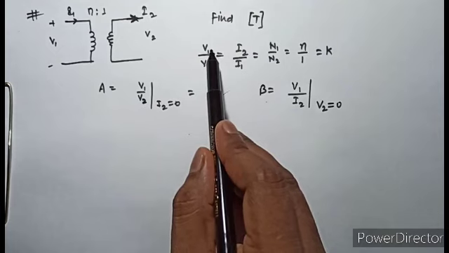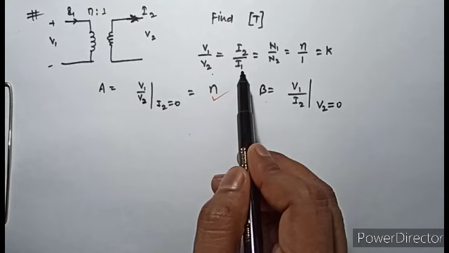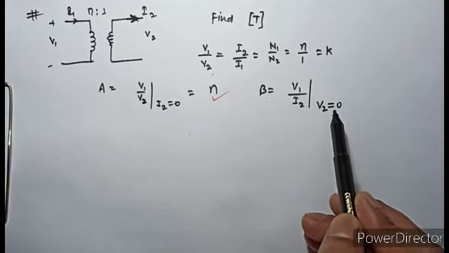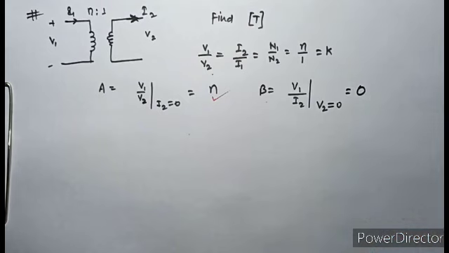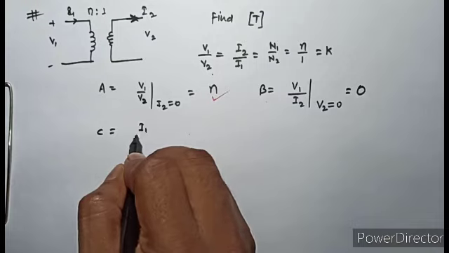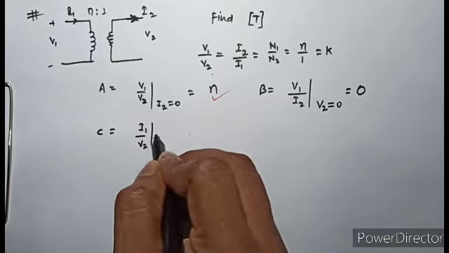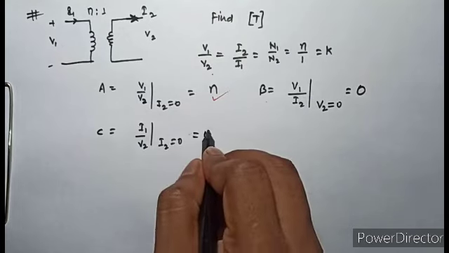From here, V1 by V2 is equal to I2 by I1, so V1 by I2 is equal to V2 by I1. And since we have set V2 equal to 0, this parameter will become 0. Similarly, our C parameter, which is I1 by V2 when I2 is 0, will become 0.